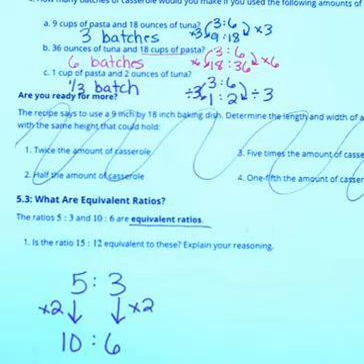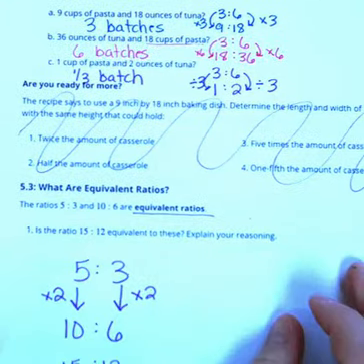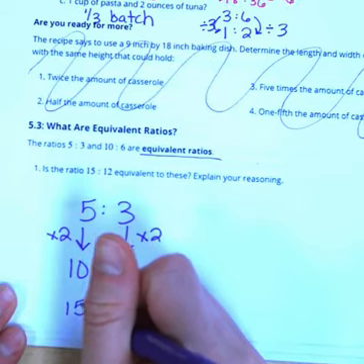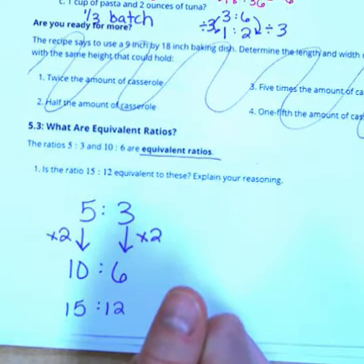It wants to know if the ratio of 15 to 12 is also equivalent to these. Okay, so at first you might think, well, I'll write 15 to 12 down here, and, well, there's no way I can get from 10 to 15 and 6 to 12. That does the same thing on both sides.